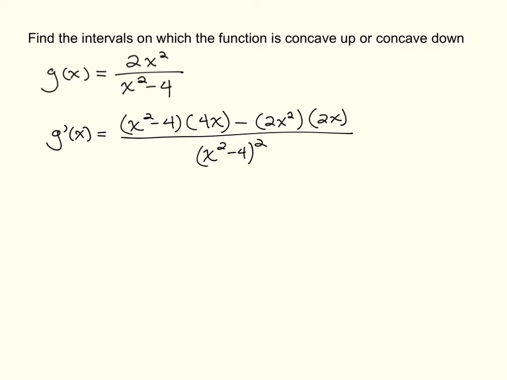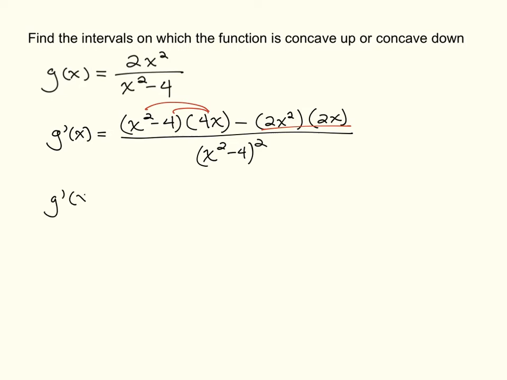Before trying to compute the second derivative, the first derivative should be simplified. It can be simplified by distributing the 4x to each term in the binomial and multiplying the last two expressions together.